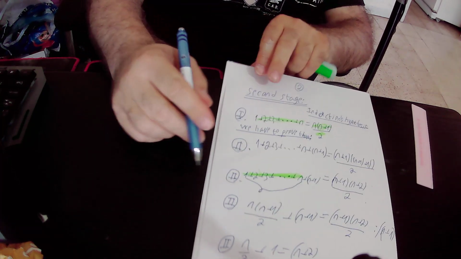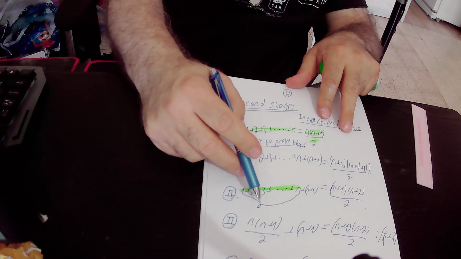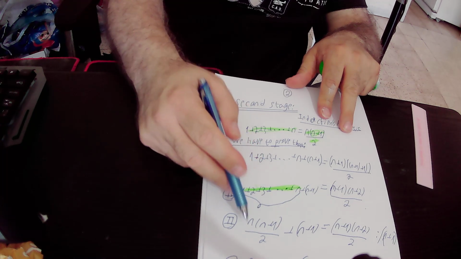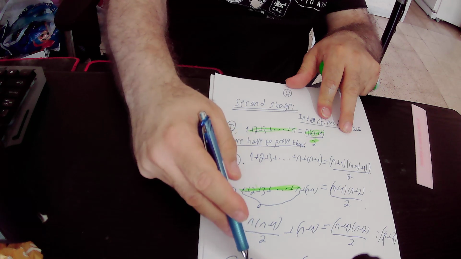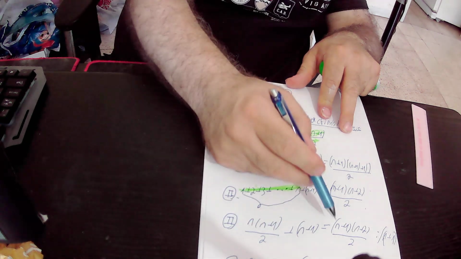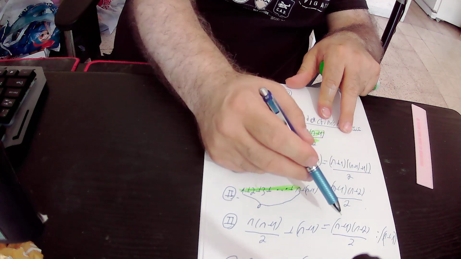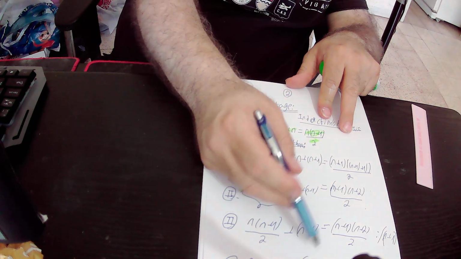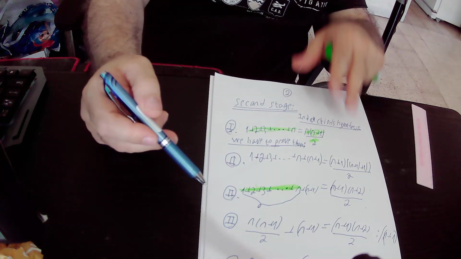I will explain again. n times n plus 1 divided by n plus 1 is n divided by 2, n plus 1 divided by n plus 1 is 1, and n plus 1 times n plus 2 divided by n plus 1 is n plus 2, and it is divided by 2.